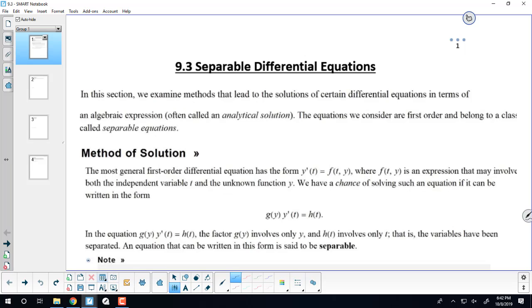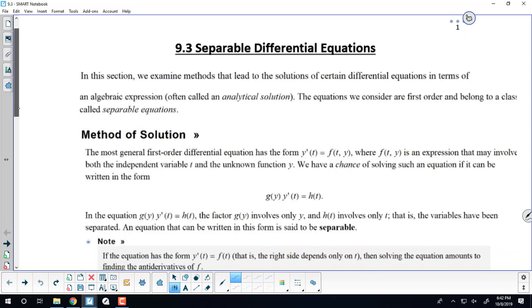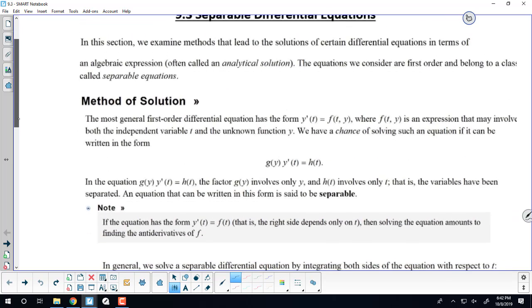Okay, so then moving into 9.3, the particular type of differential equation we're looking at is separable. Meaning we can separate variables, one variable on one side of the equation, the other on the other side, and we can integrate that. So there are the types of solutions we're after.